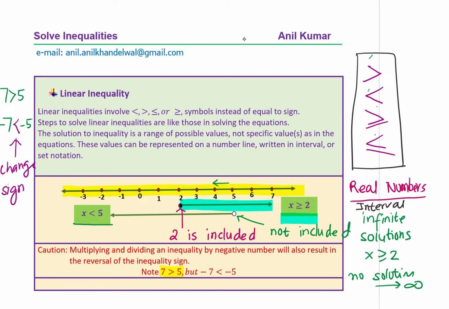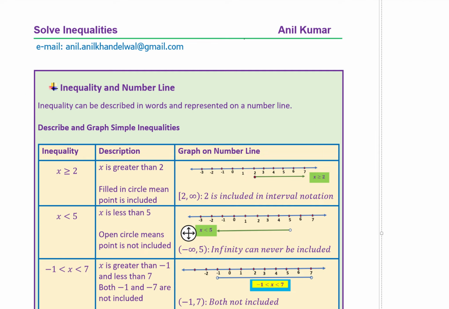Is that clear to you? This is very, very critical, and therefore I've written it here as a caution. Multiplying and dividing an inequality by a negative number will result in the reversal of the inequality sign. Is that clear to you? Perfect. Now with that, let's move forward and take some examples.